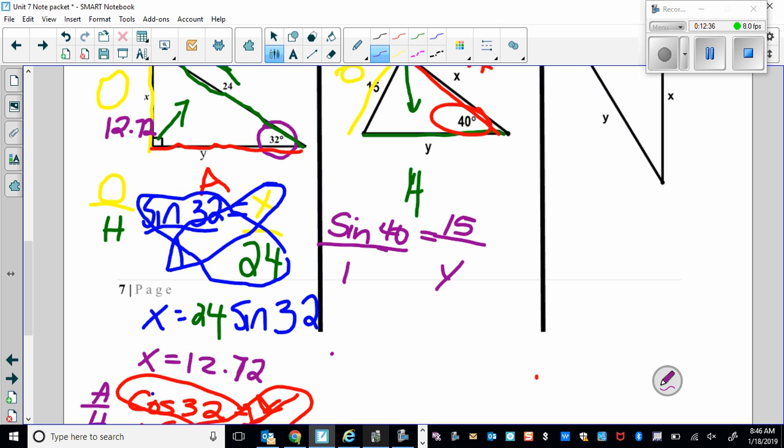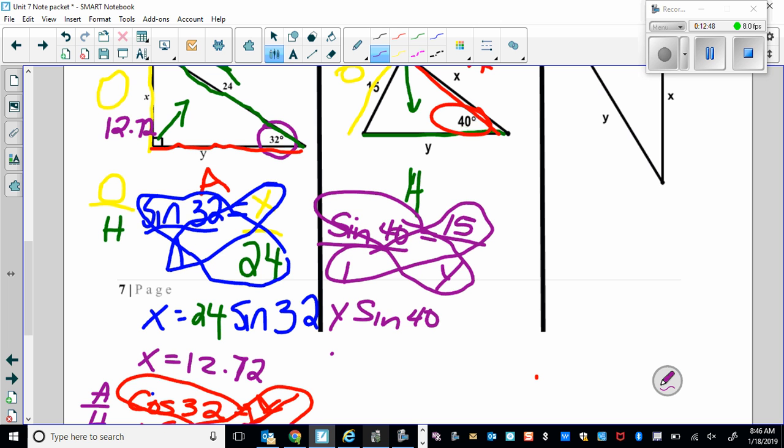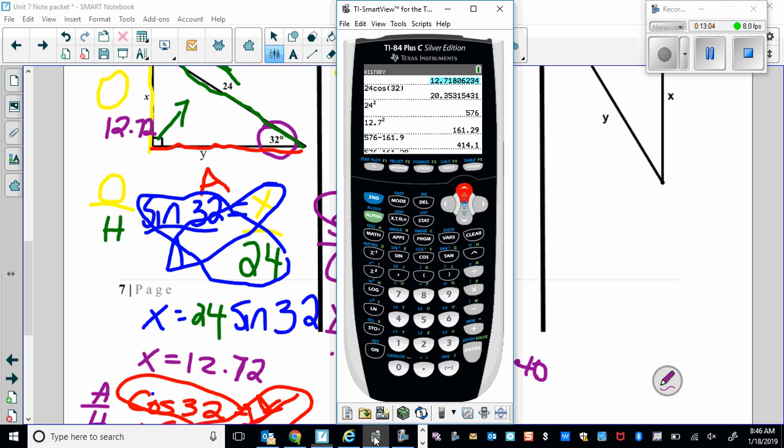We're going to cross multiply, right? So I'm going to have y sine of 40 equals 15. Still didn't solve for y, so I have to divide both sides by sine 40. So when you put it in a calculator, you're going to put 15.